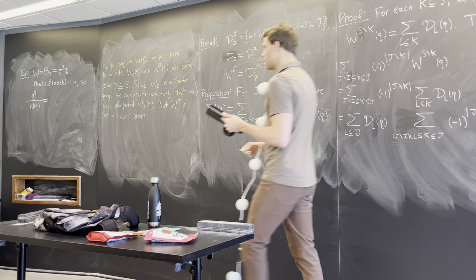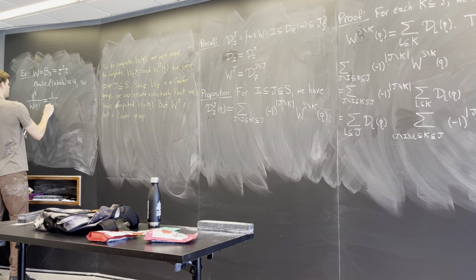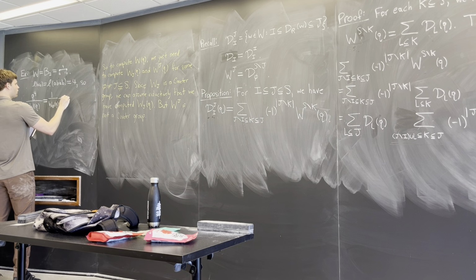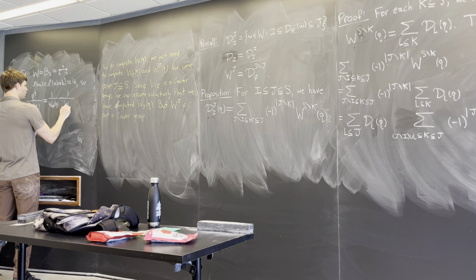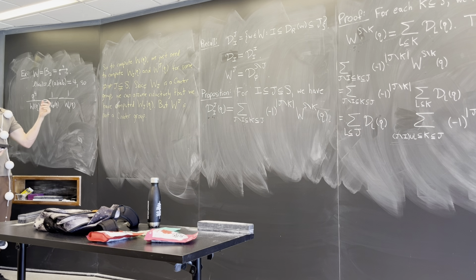So if I write down what that is, I should get 1 over W sub empty of Q minus 1 over W sub A of Q. Technically what I should be writing is A with little curly braces around it because it's the singleton set A, but whatever.